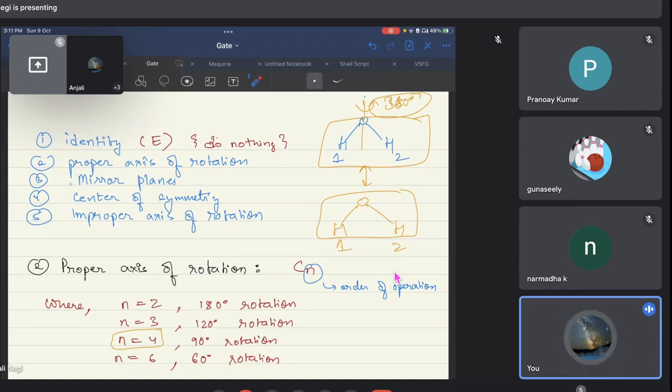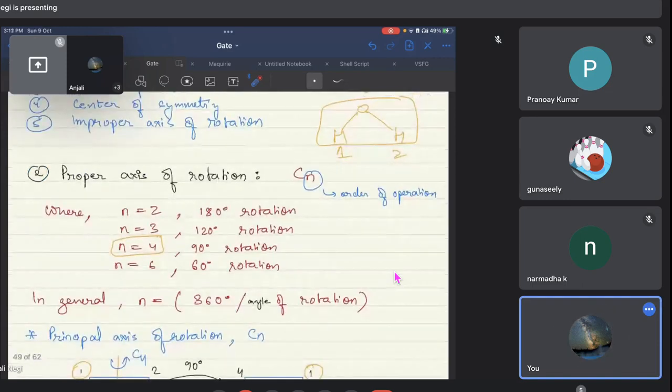This symmetry element is the axis of rotation. Now, the word proper here: when I was studying in my masters, I also used to ignore this word proper and just read it as an axis of rotation or the principal axis of rotation, and particularly the principal axis of rotation is the one having the highest value of n, the order of operation.